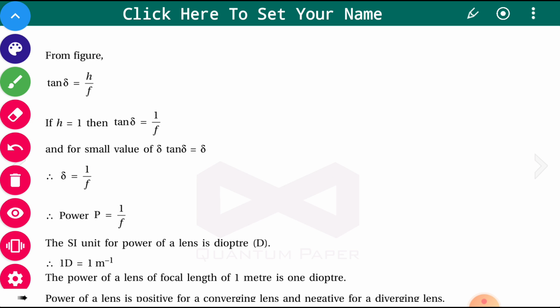The SI unit, as you know, is meter inverse, or it is known as diopter.